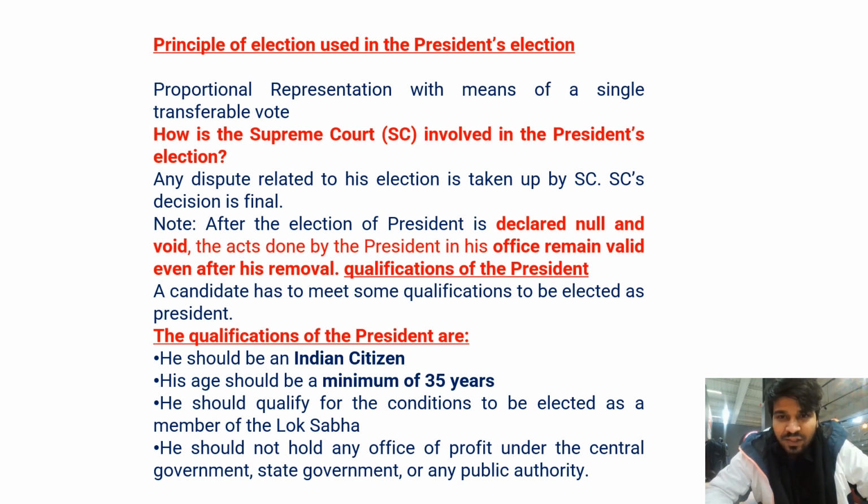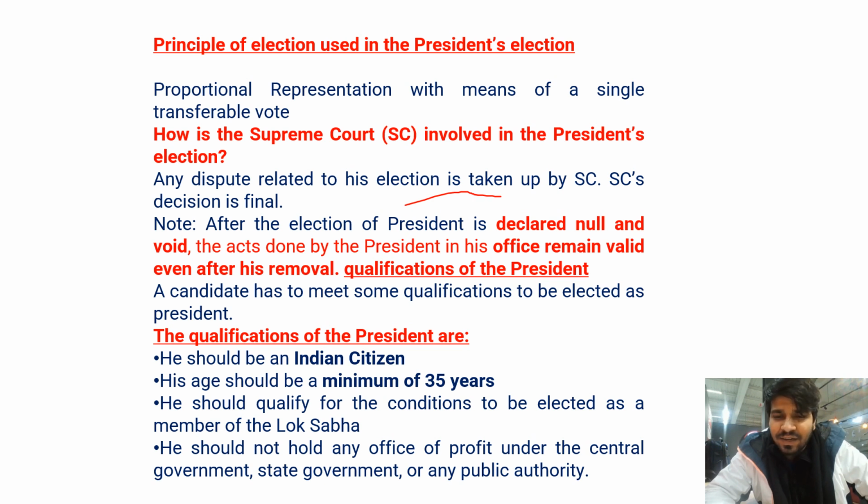Is the Supreme Court involved in the presidential election? We need to see it here. Any dispute related to his election is taken up by the Supreme Court, and the decision of the Supreme Court is final.